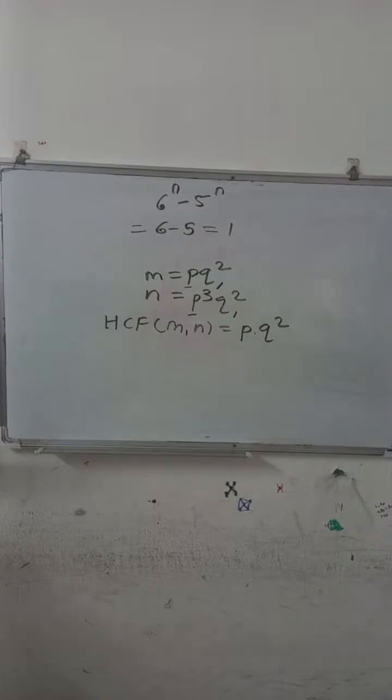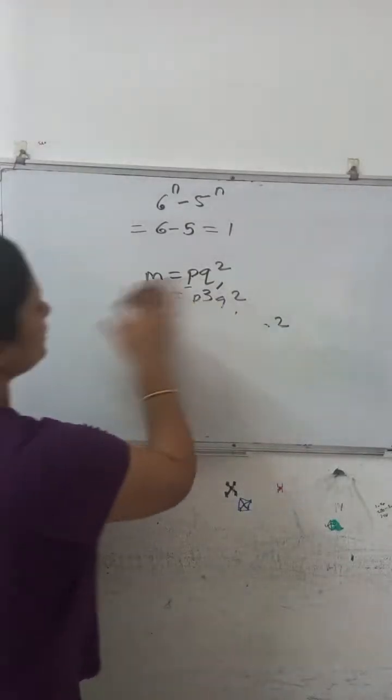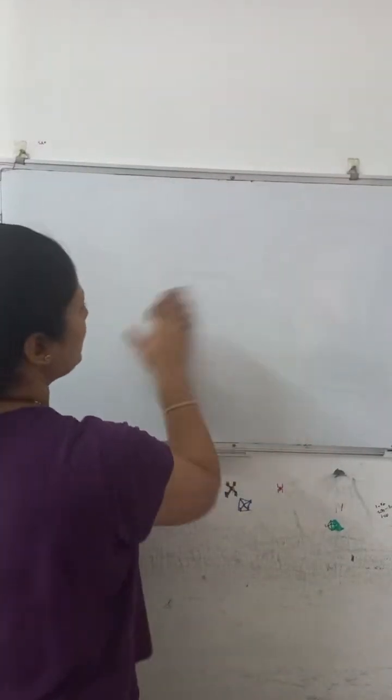Okay, write down the next question. A quadratic polynomial, the sum of whose zeros is 0 and one of the zeros is 3. Yesterday we did the revision on this, so try to find the answer.